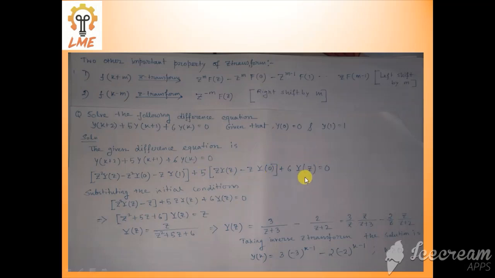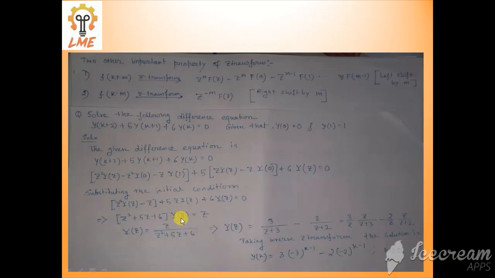Now if you substitute the initial conditions given, y(0) equal to 0 and y(1) equal to 1, you just put these values here and you will get this equation. The initial conditions are already given in the question, and we put them in this equation and get this. Now take Y(z) as common.